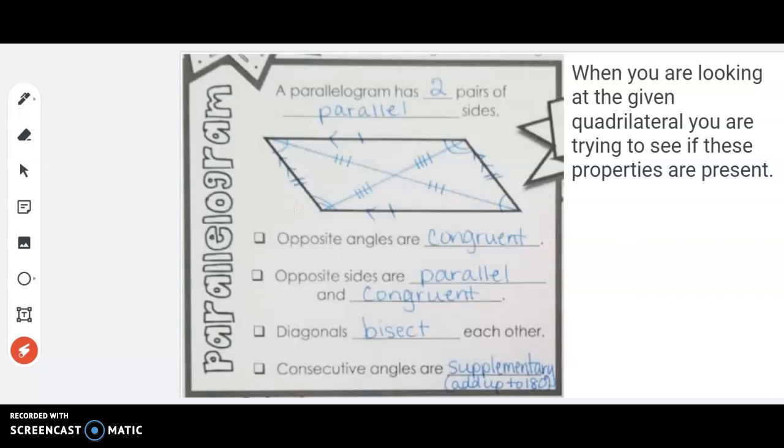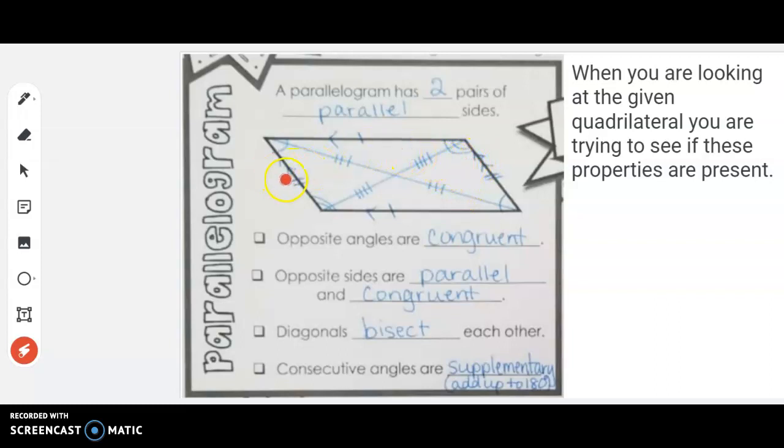If we could prove the opposite angles are congruent, so if I could prove this angle and this angle are equal, and this angle and this angle are equal, then I know I have a parallelogram. If I have one pair of sides, and this is just one pair, that are parallel and congruent, so both of these conditions exist, then I know I have a parallelogram.